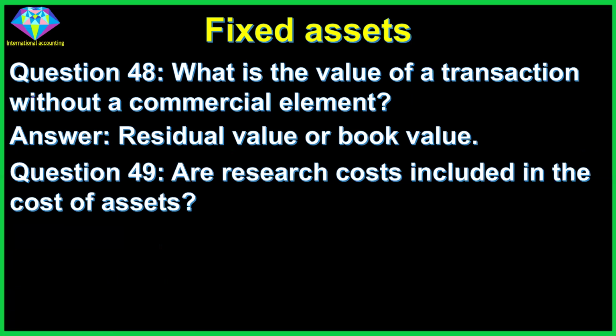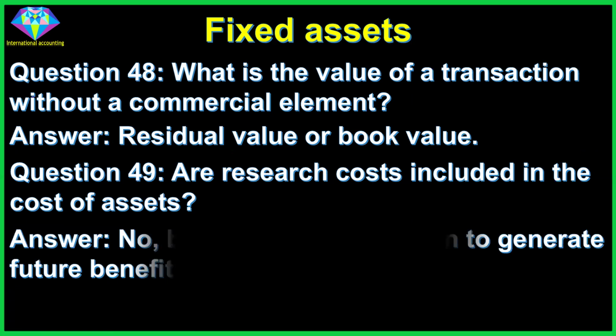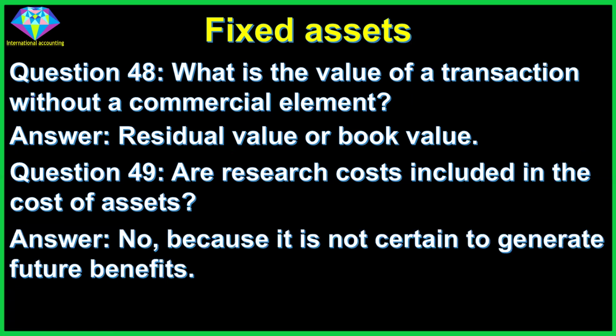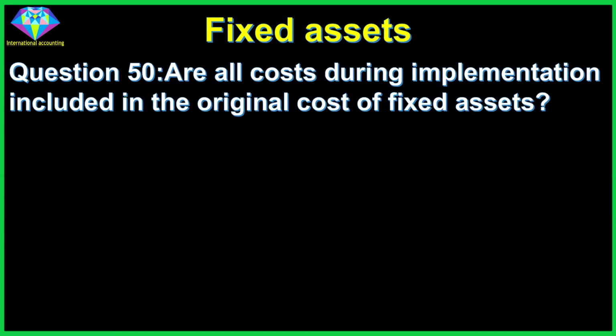Question 49. Are research costs included in the cost of assets? Answer: no, because it is not certain to generate future benefits. Question 50. Are all costs during implementation included in the original cost of fixed assets?